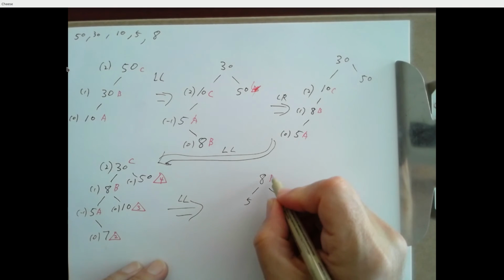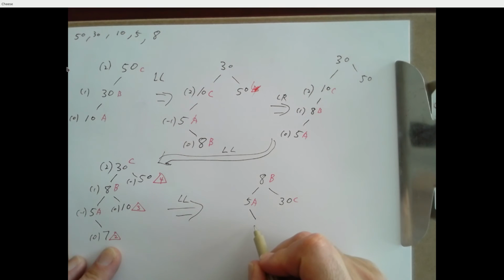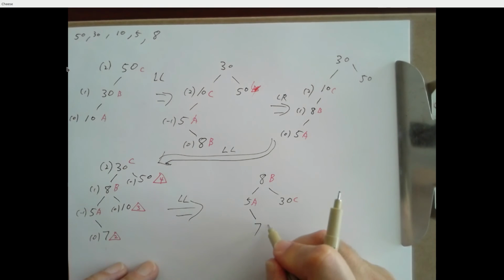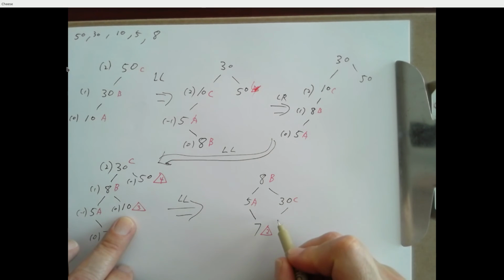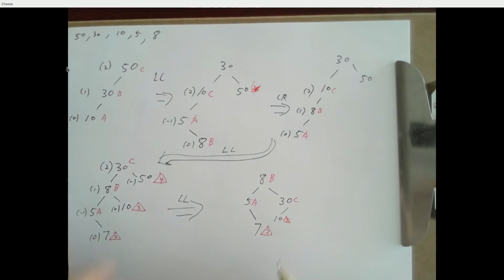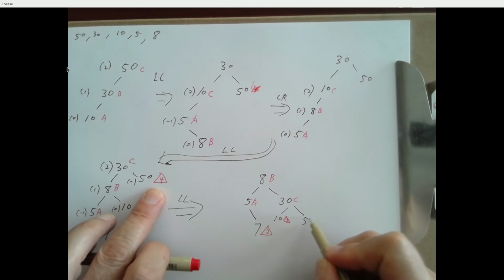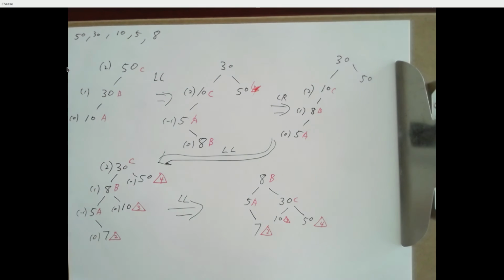But with B as the root, A and C as the 2 immediate children, and then subtree 1 is null, so there's nothing to the left here. Subtree 2 comes over here. Subtree 3, which is a 10, comes to the left of C. And subtree 4 comes to the right of C.